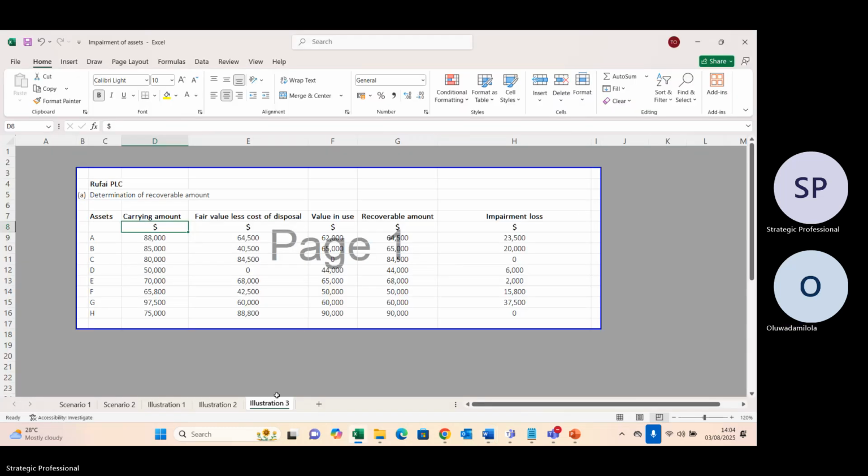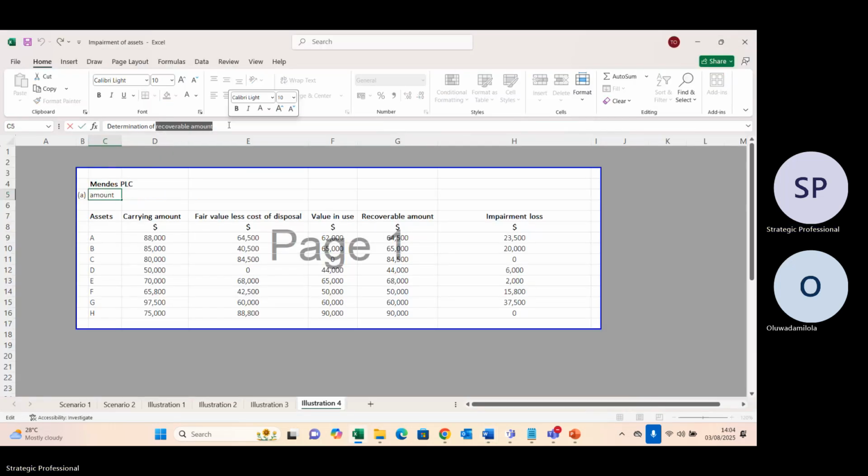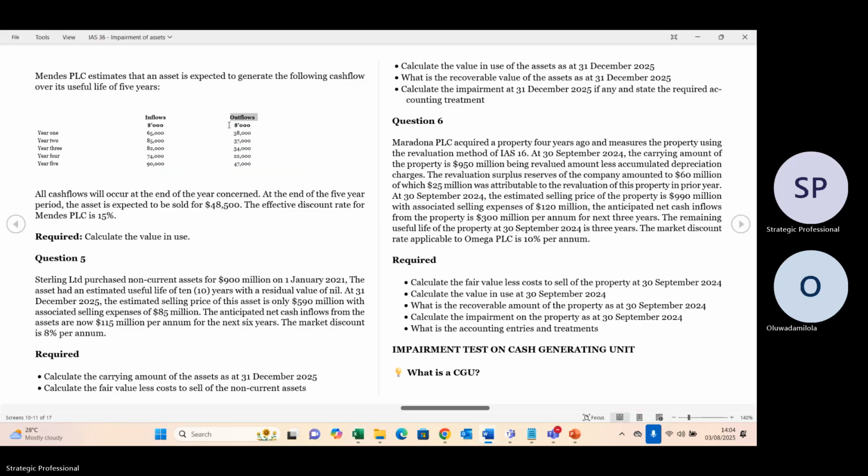Yes, sir. So illustration 4. Mendes PLC. Determination of value in use.